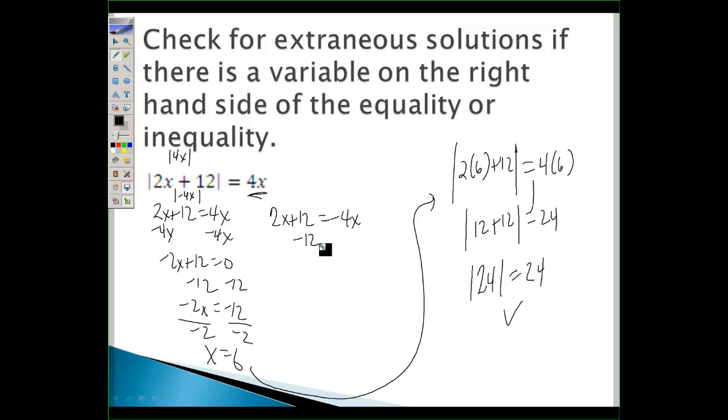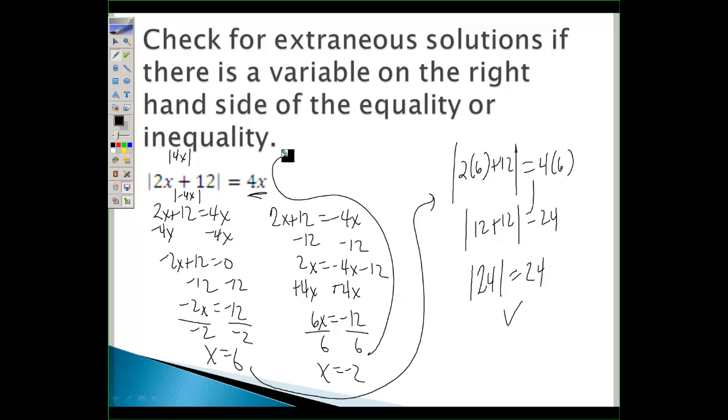Do a little algebra. Get all my x's together. X equals negative 2. We need to be sure that this is actually a solution, so let's go ahead and plug this guy in right up here.